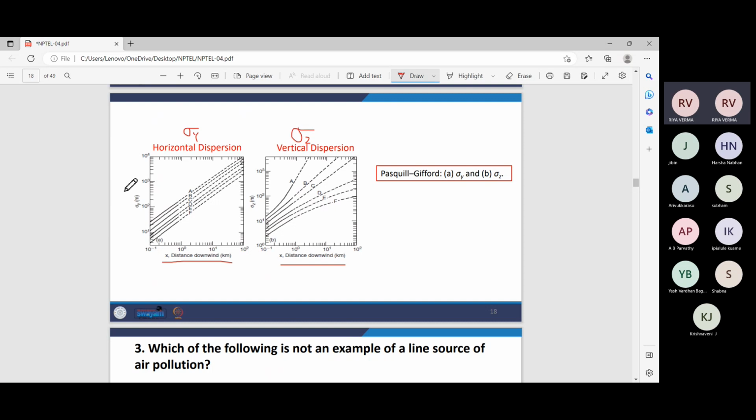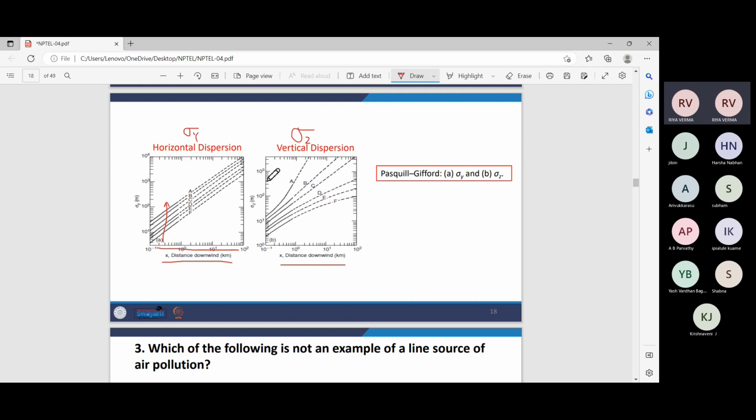So you can clearly visualize from all these curves that as we move towards the downwind, as x increases, the value of sigma y ultimately increases, correct? This value is increasing.